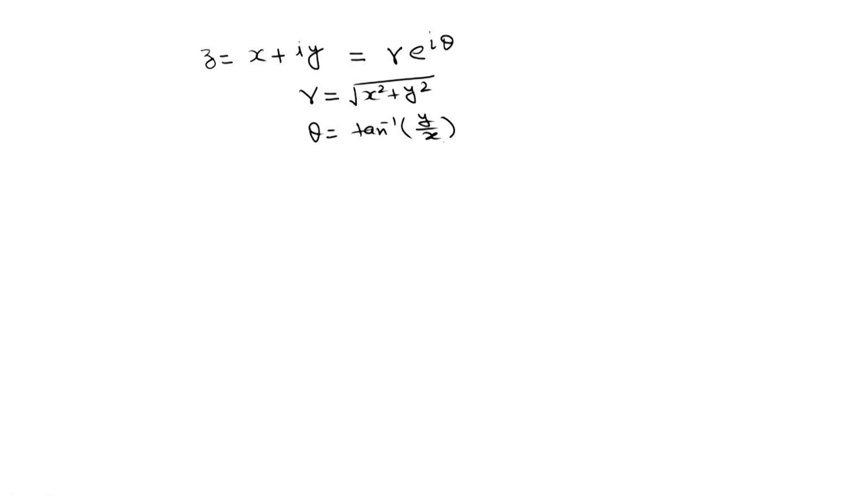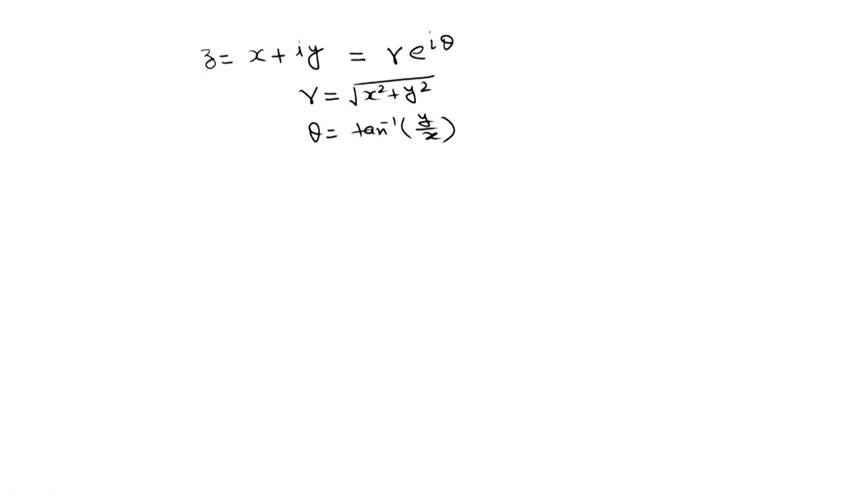So, what is polar decomposition? From the basic knowledge of complex numbers, you know that if I have a complex number z which has real part x and iota times y as the imaginary part, then I can also write this number as r into e raised to power i theta, where r is a positive quantity, the square root of x square plus y square, and theta is tan inverse y upon x.